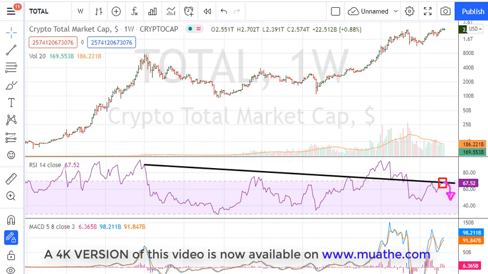If the bulls are truly going to push the cryptos, they need to move above this black line, and the weekly RSI for the entire crypto landscape, as calculated by this index, the total market cap for the cryptos, would also have to join the monthly by moving above 69.1. So this could be a trap if this black line ends up offering uniform activity rejection. Just keep that in mind also.